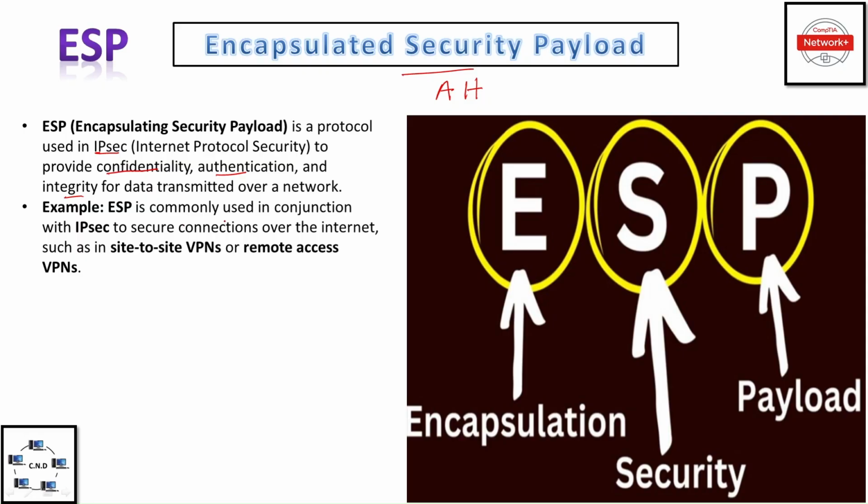For example, ESP is commonly used in conjunction with IPsec to secure connections over the internet, such as site-to-site VPNs or remote access VPNs. So remember that AH, or Authentication Header, does not provide confidentiality, while ESP provides confidentiality as well as authentication and integrity.